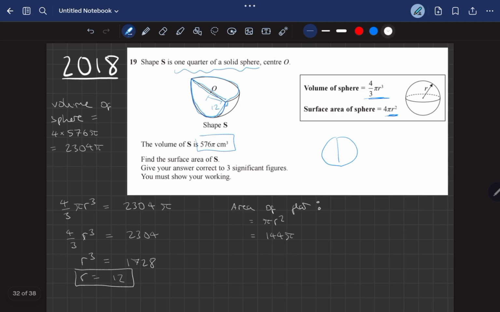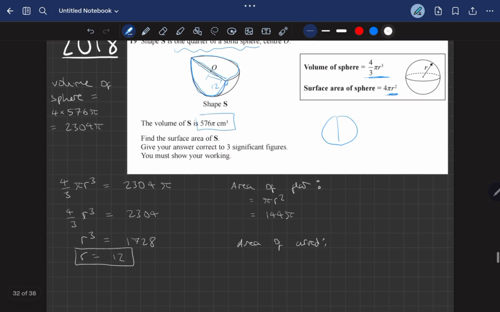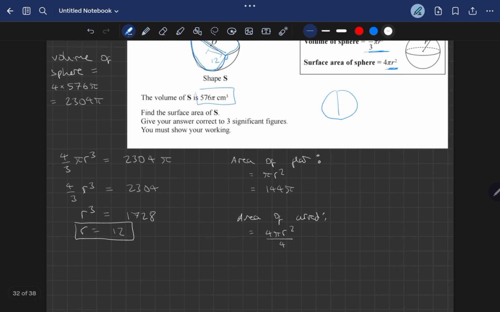So I'm just going to call it area of curved. It is 4 pi r squared over 4, because remember I'm only looking at a quarter of the entire sphere. This is equal to pi r squared. And again, this is equal to 144 pi. Okay? So if I add the area of the curved and the area of the flat, I get 288 pi.